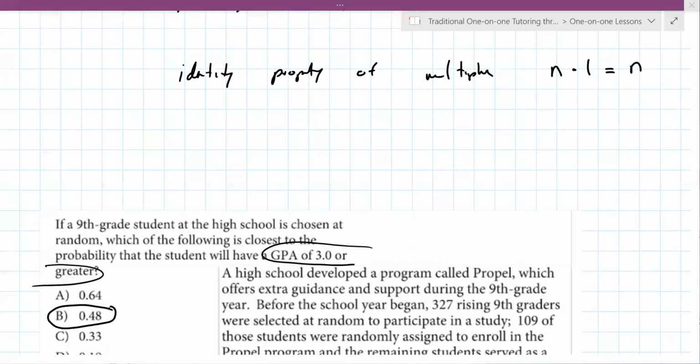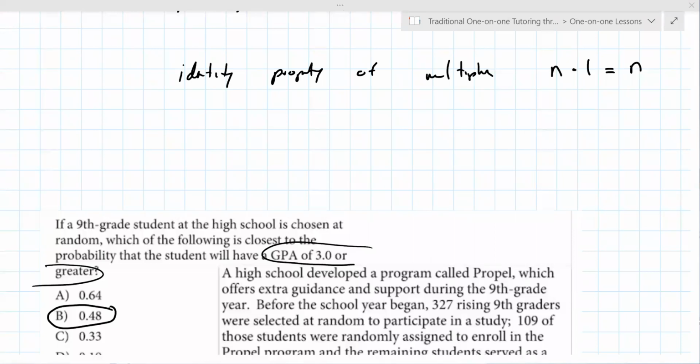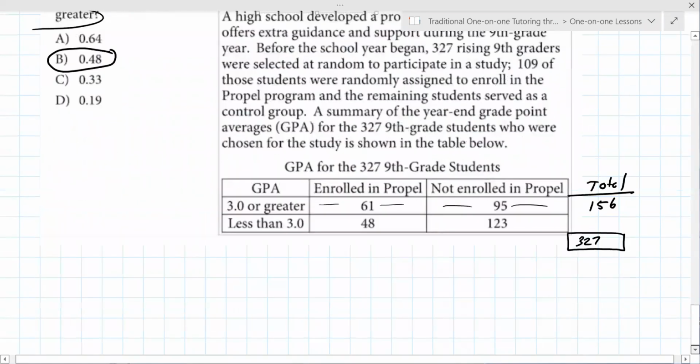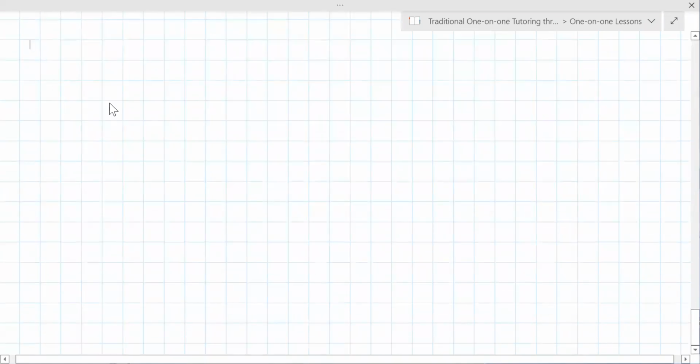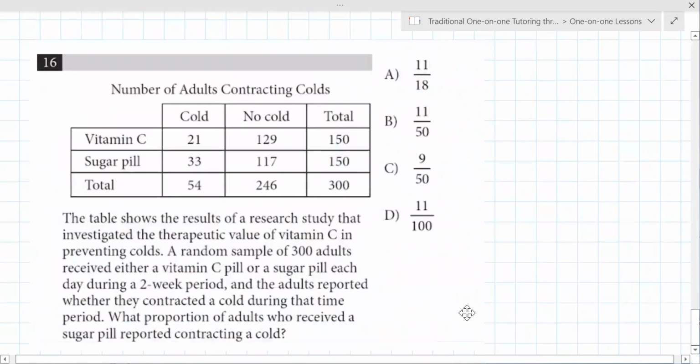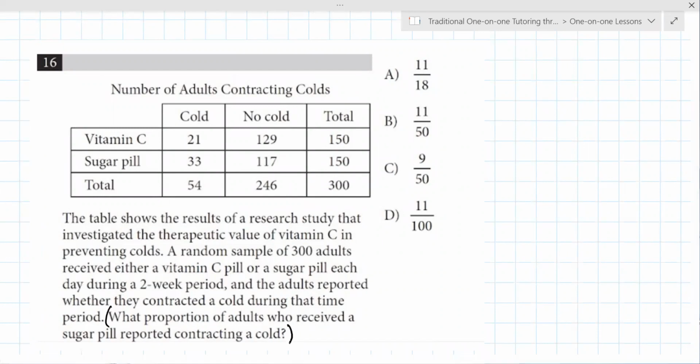All right, I'm just grabbing another question for us to look at. All right, so let's not read this. We'll start here at the bottom. What proportion of adults who received a sugar pill reported contracting a cold?